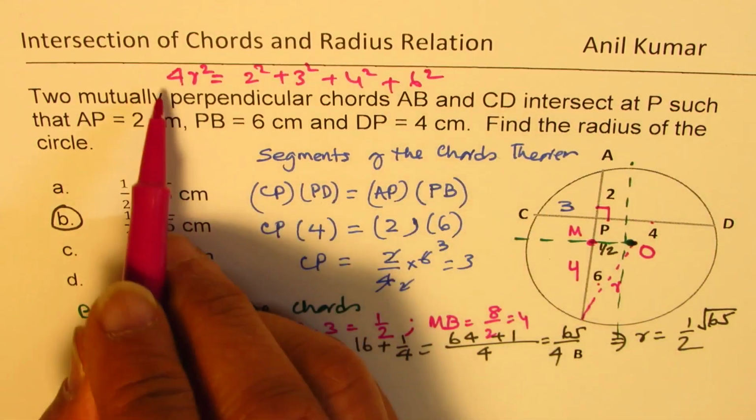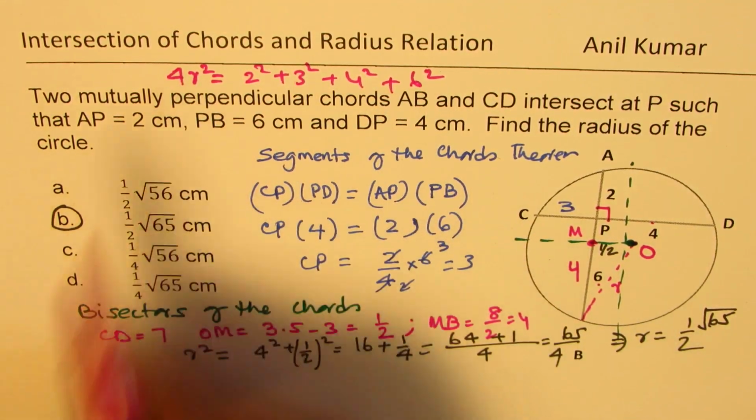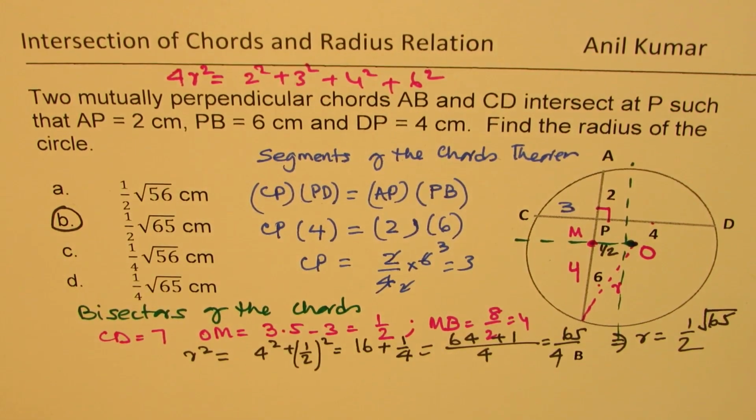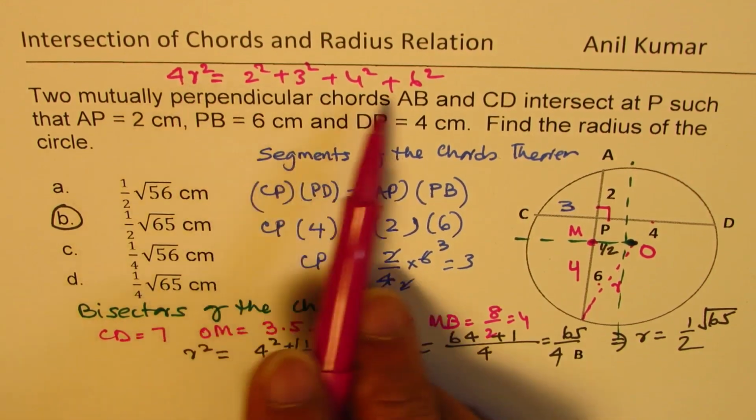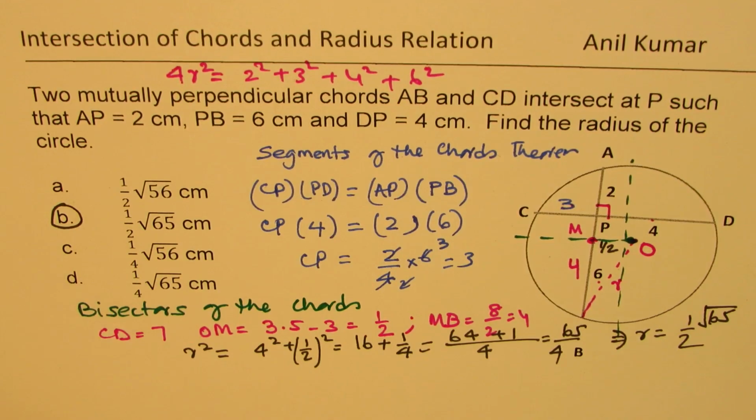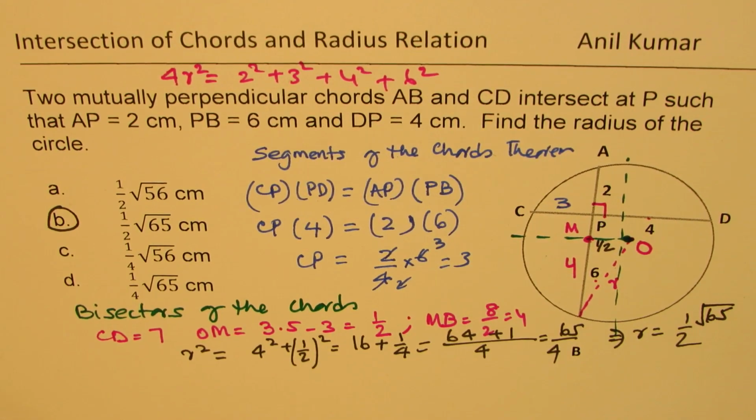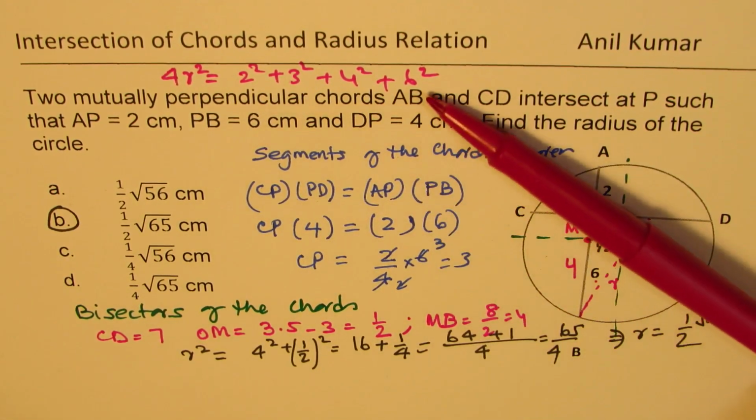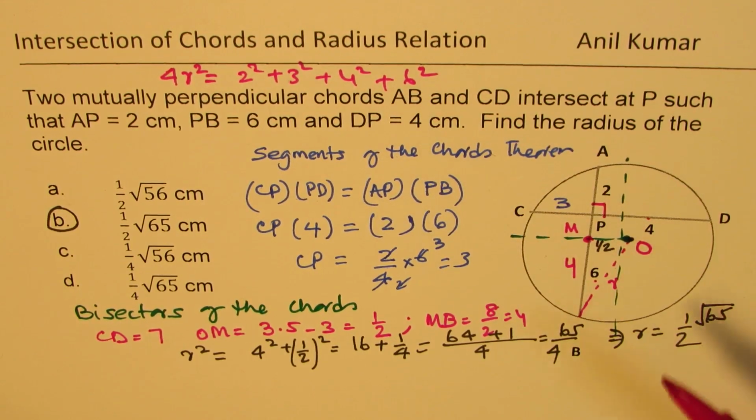So that will directly give you the answer for R, right? So you could use this method also to find the answer, correct? So that is a method. I'll provide an extension to this video so that you can see how we can use this formula to find the radius of a circle when we have perpendicular chords.